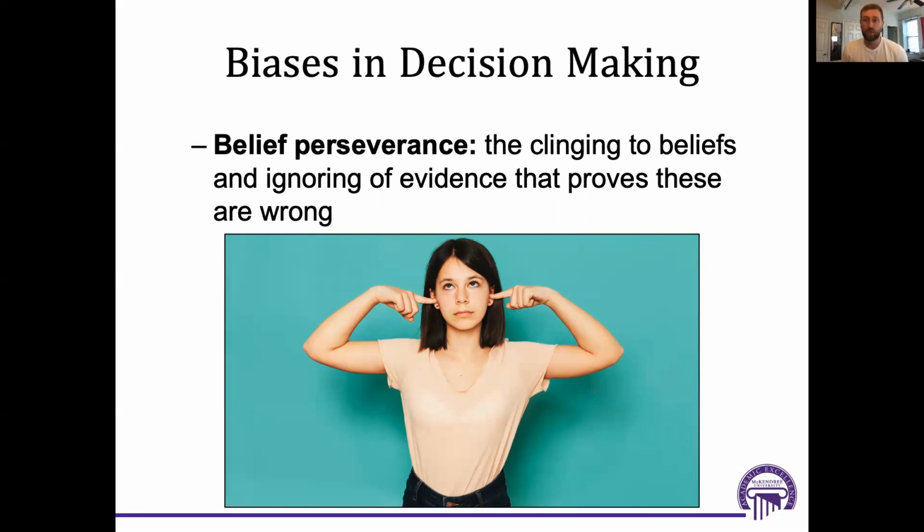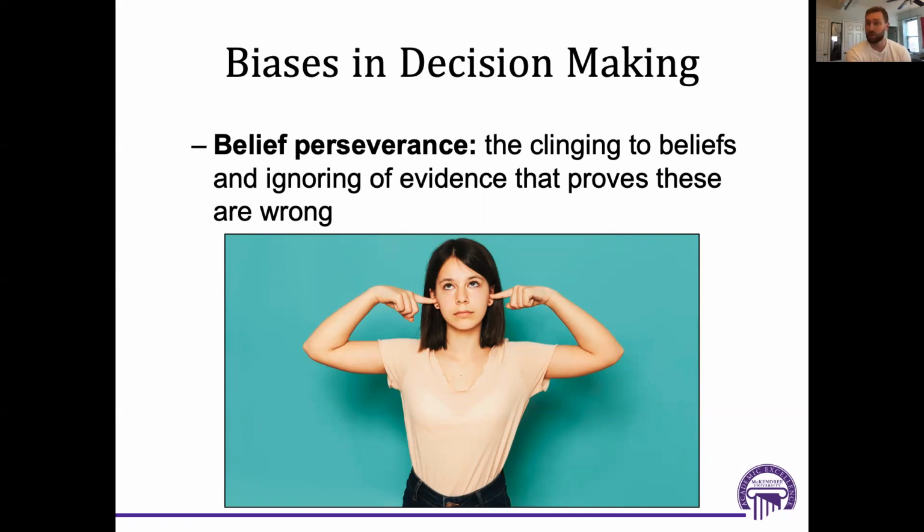Whenever that happens, we more often than not shell up and try to find any way to refute that challenging evidence, right? We try to tear that evidence down because we want to believe what we want to believe. So that's belief perseverance.